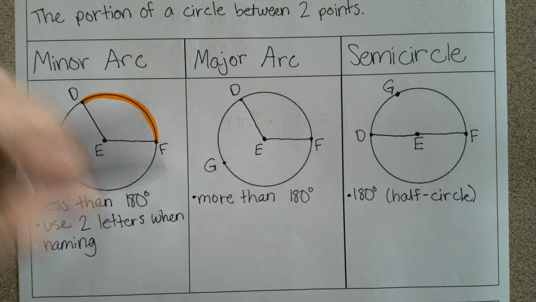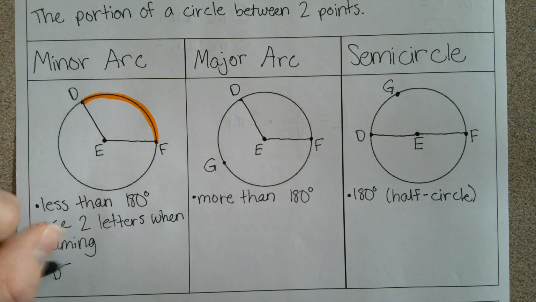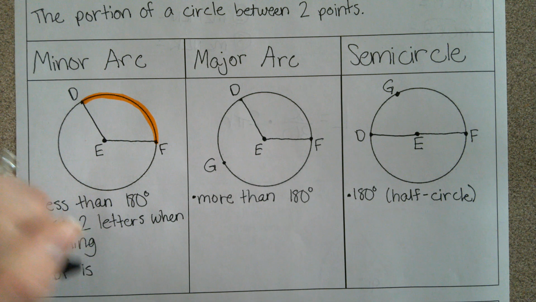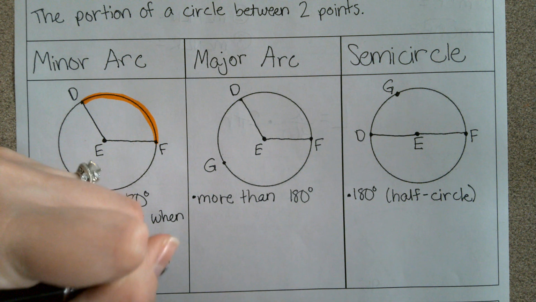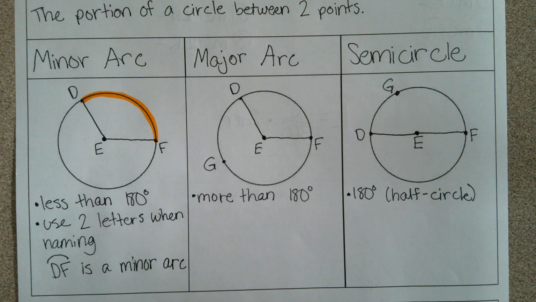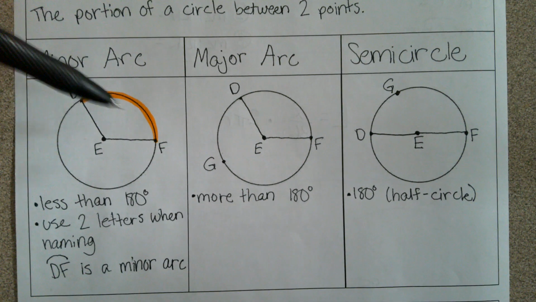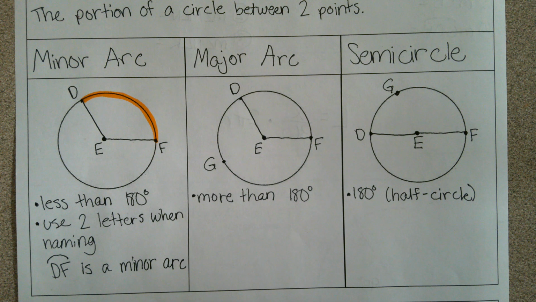So in this case, we have DF. So DF, with the arc symbol above it, is a minor arc. It also would have been okay for me to call it FD instead of DF.